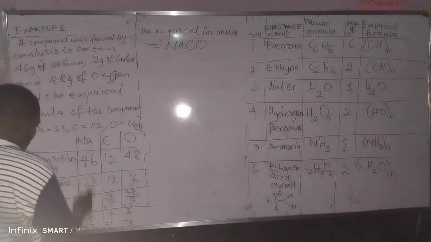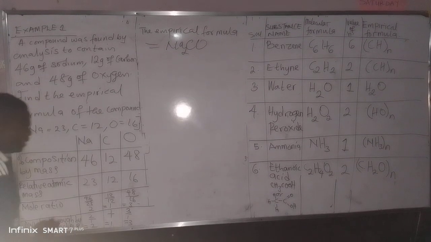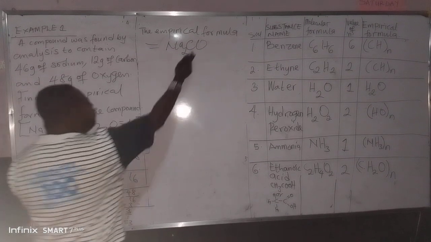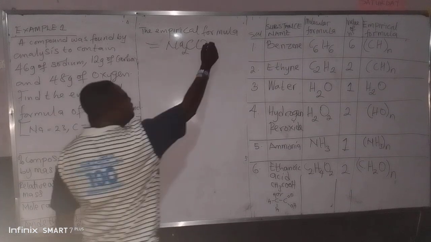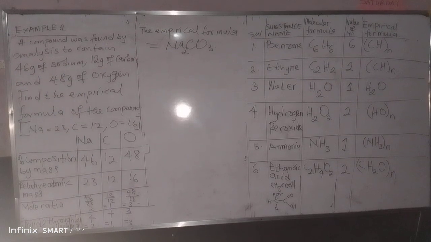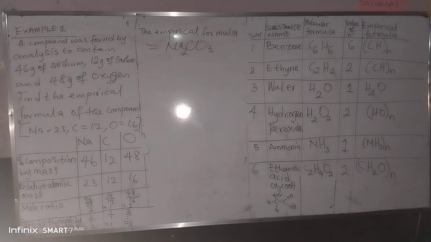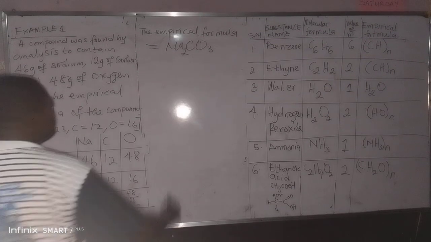So under Na, what did you get? 2. You put the 2 here. Under carbon, what did you get? 1. No need to put anything here. Then under oxygen, what did you get? You get 3. So the compound is Na2CO3. That is the empirical formula, which is also the molecular formula. Let's look at example 2.